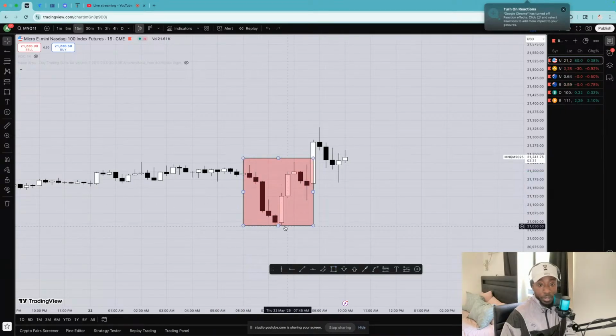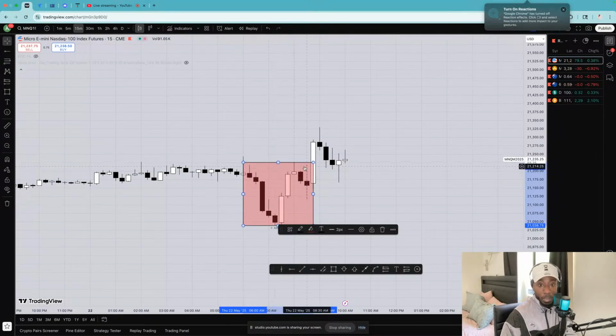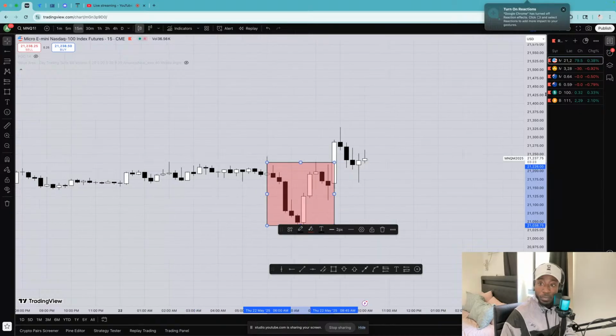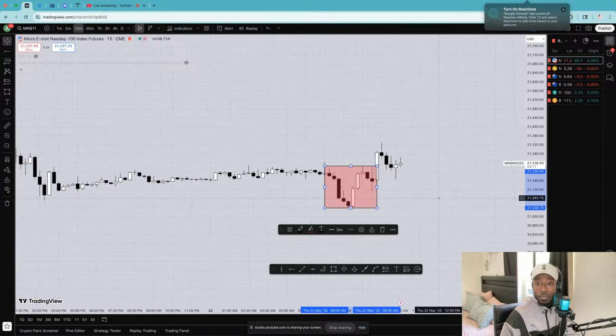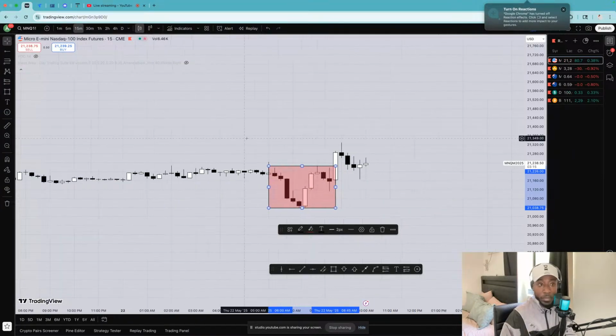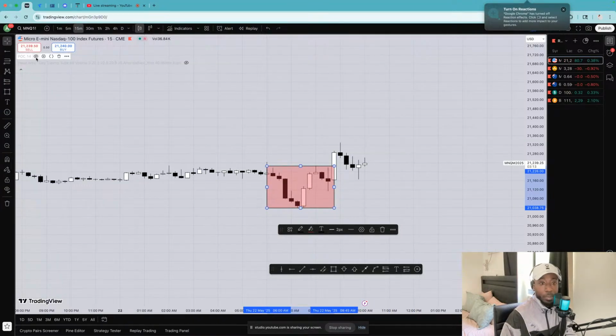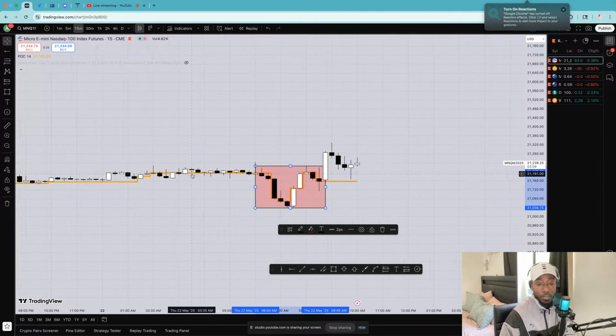Support down here, where it's bouncing off, and resistance here, where it seems to be bouncing off the roof, right? Support is the floor, resistance is the roof. So with that in mind, then it's turning on my POC, which also plays a bit in the vector range of support and resistance, as you see here.